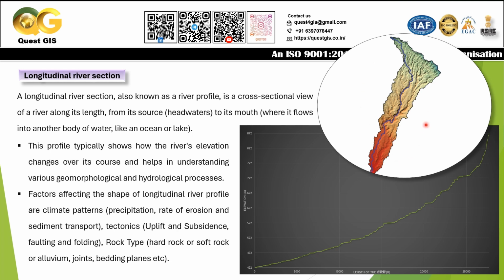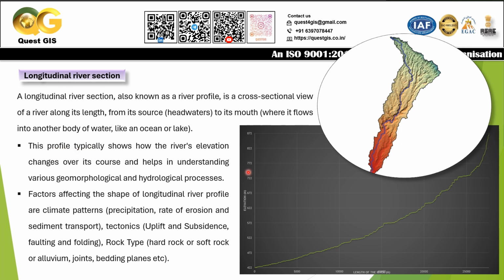In this digital elevation model, you can see that this river is going through some path along which it is facing different elevation values, different height values, which we will analyze along its length.